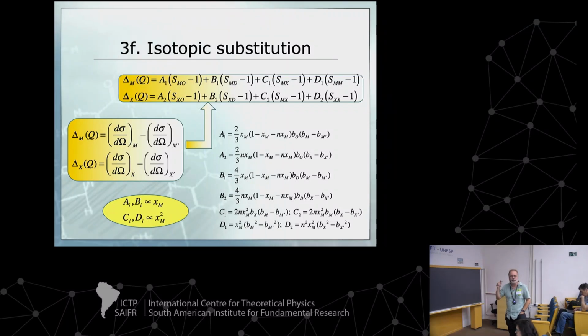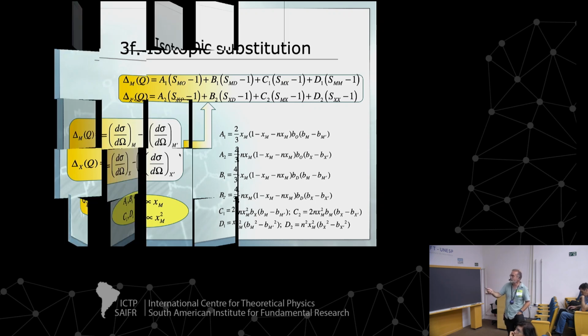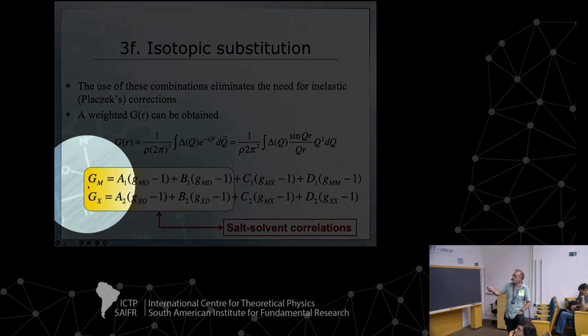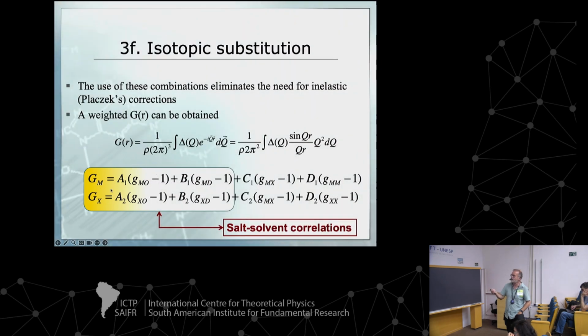If you have high dilution, you can get rid of C and D, which simplifies the problem. You always should try to simplify the problem in this case, right? High dilution, you only have A's and B's. With these combinations, you can construct these 2 functions, gM and gX, from the experimental data.